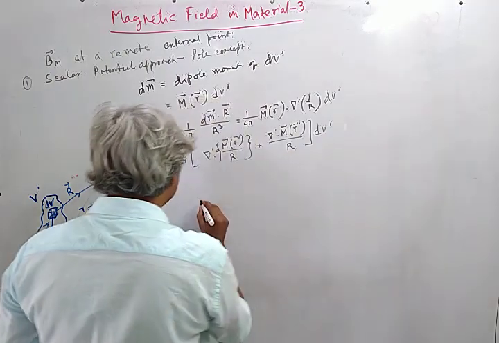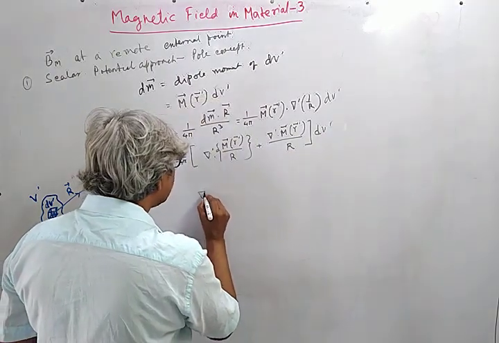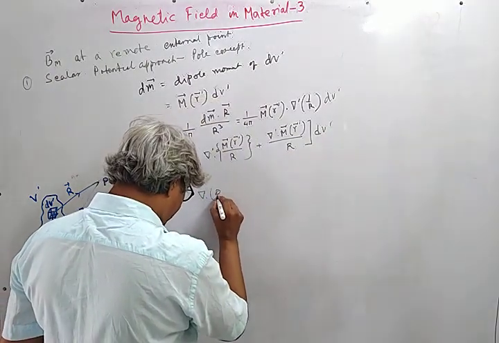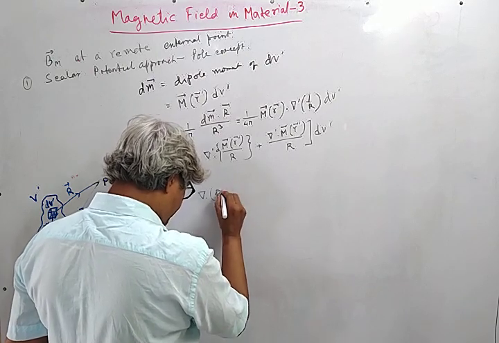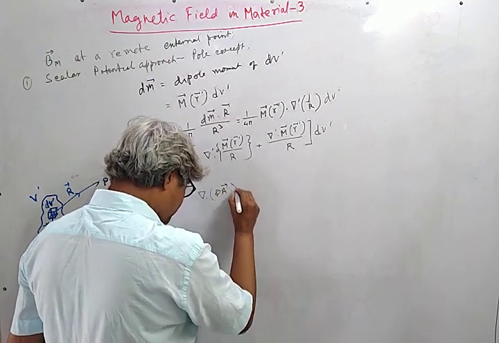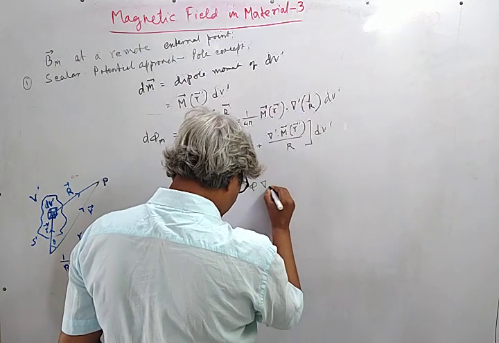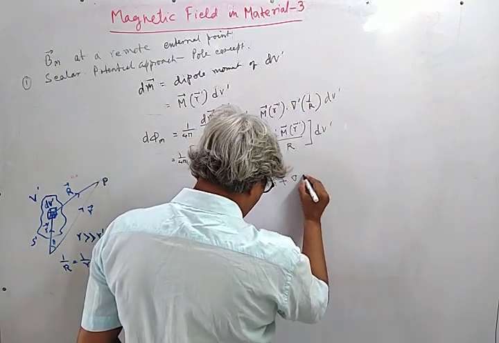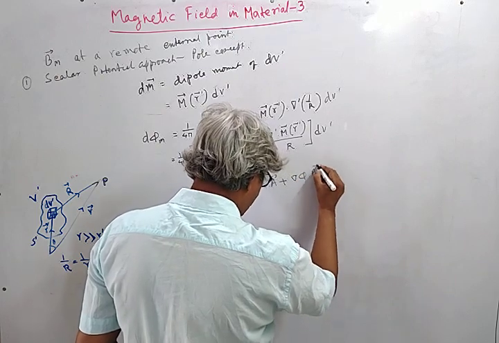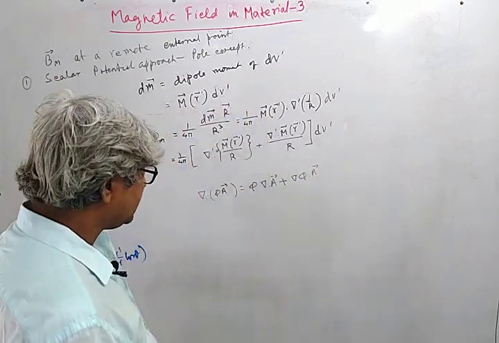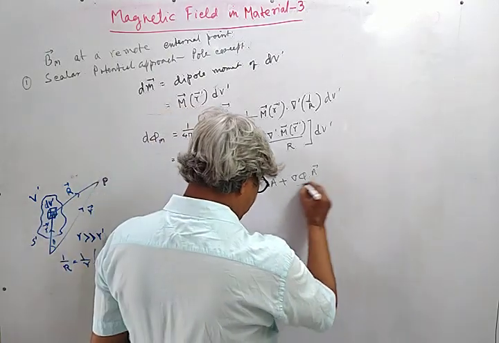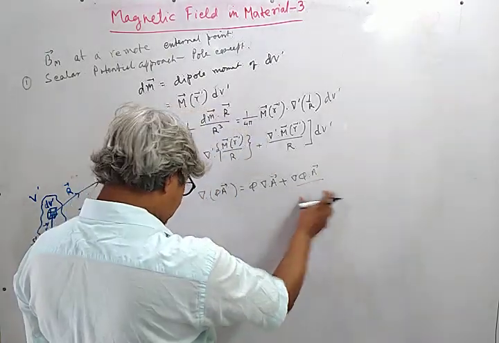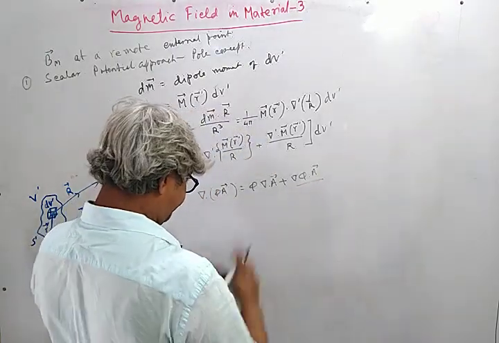The vector identity that I have used is divergence of phi times a is equal to phi times divergence of a plus grad phi times a. In our original calculation, this term was there, so I have written this equal to this minus this.